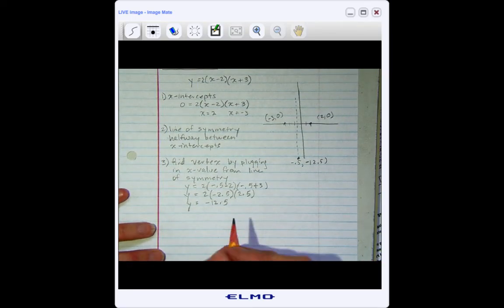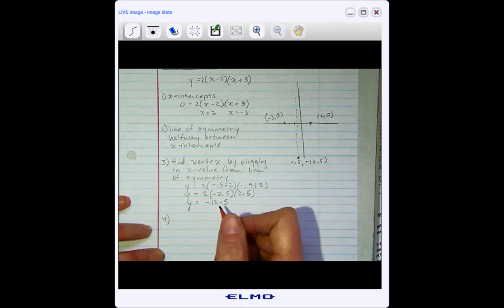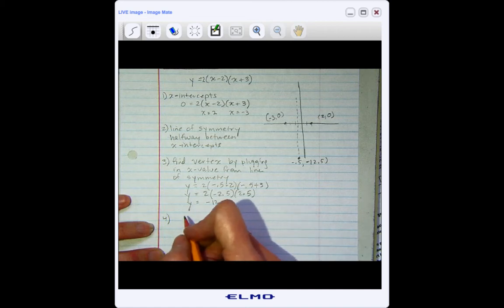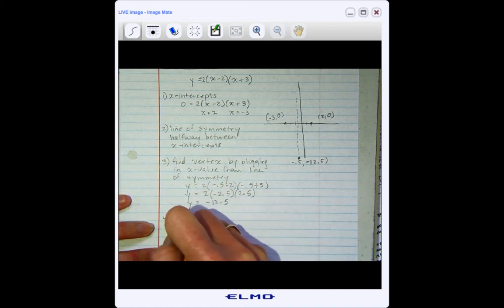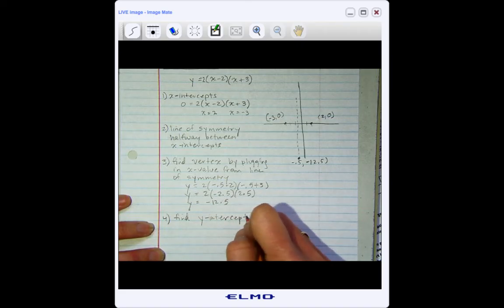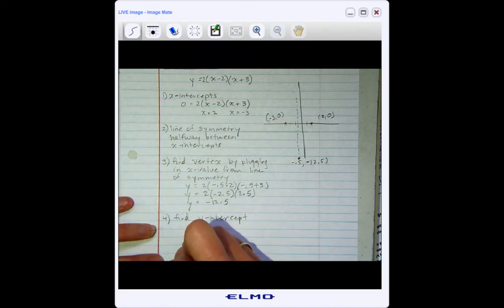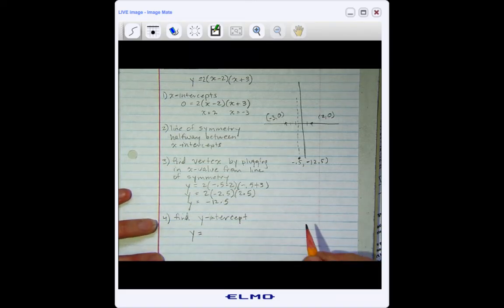All right, so then what other key point would I want on my graph? Probably another key point would be my y-intercept. So I'm going to find my y-intercept. My y-intercept happens when x is 0. So I'm going to go back to my equation and replace x with 0.